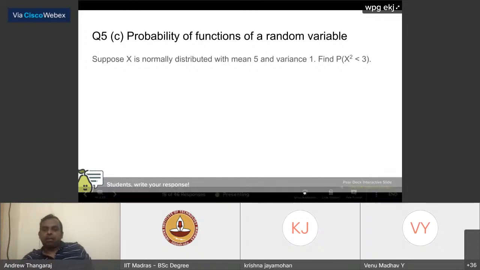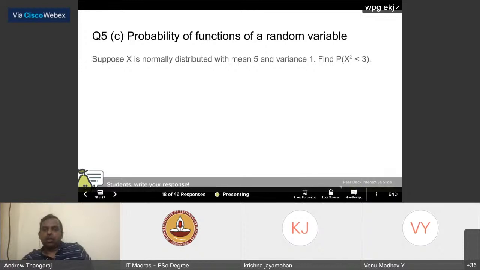Yes, Samit, I think many problems are solved using integration also. I agree, but you can also do it differently.